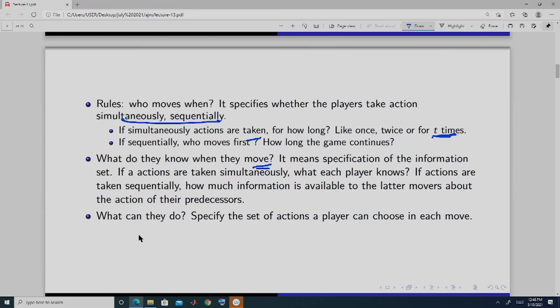If I do not know some of these actions or some of the payoffs, then I will have to define some probability distribution over them, and that part we are not going to do in this course; that is the incomplete information game. Okay. Next, when we say what can they do, we specify the set of actions at each move.